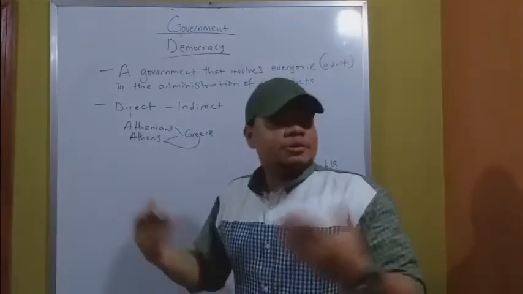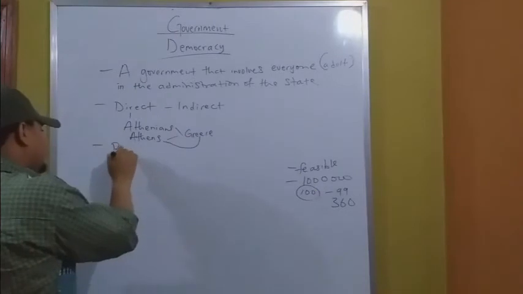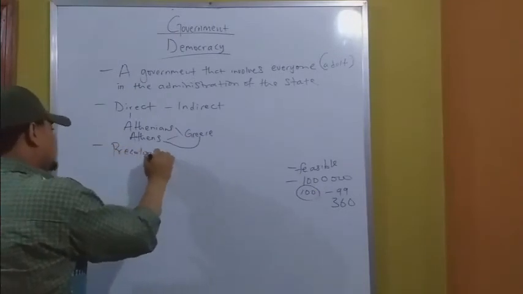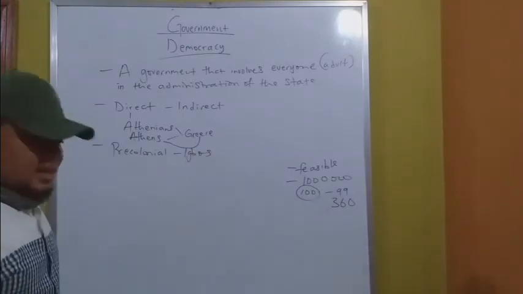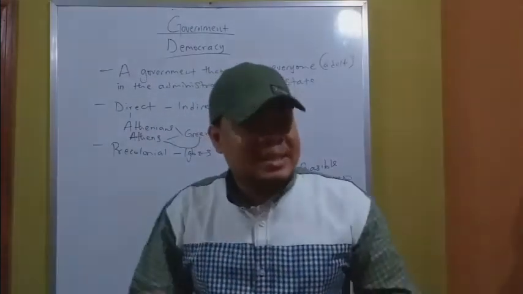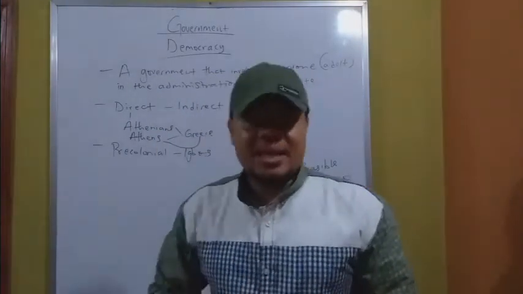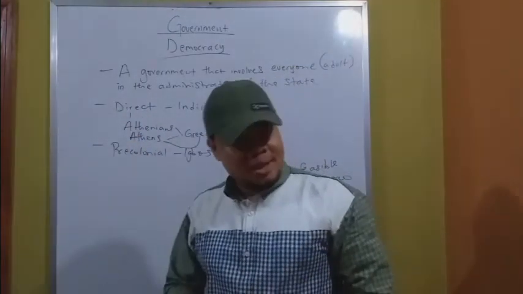Direct democracy. For instance, let us go back to pre-colonial Nigeria. The Igbos of pre-colonial Nigeria, in their village assemblies, in their town hall meetings, gathered together to rule themselves. That is what we call what? Direct democracy. Are we together?